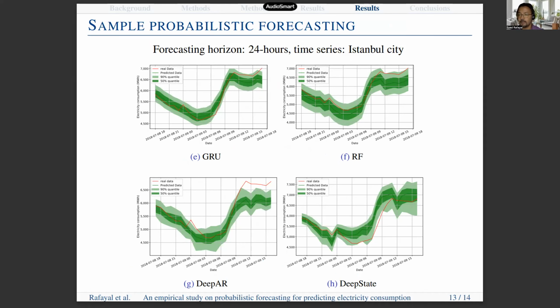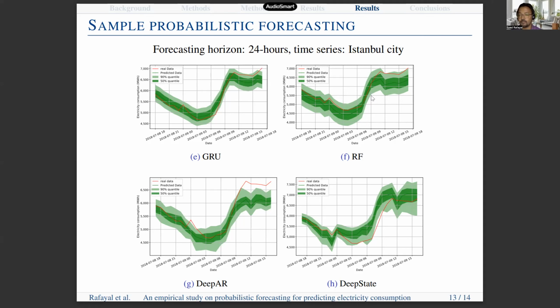These figures illustrate the prediction results for the sample time series for DeepAR and DeepState as two global forecasting models, as well as GRU and RF. All 4 models perform better at the beginning of the prediction horizon than at the end.